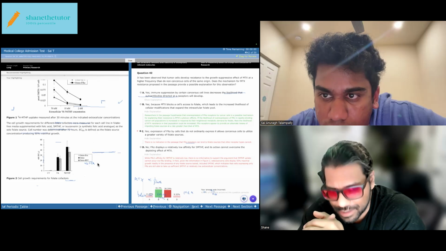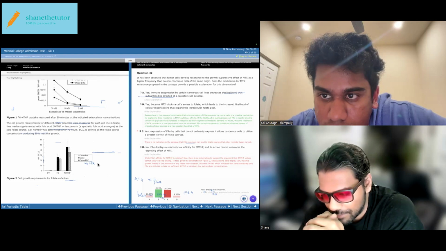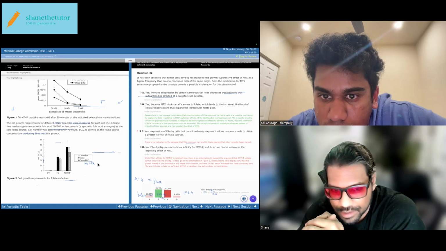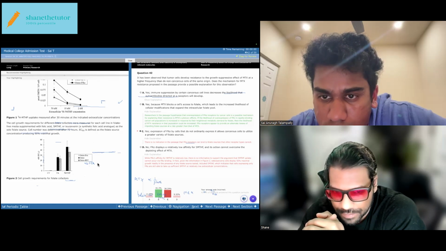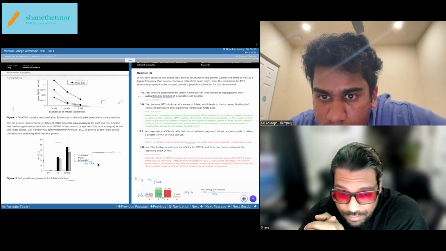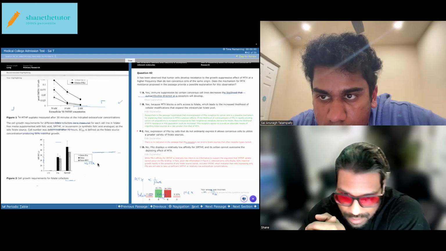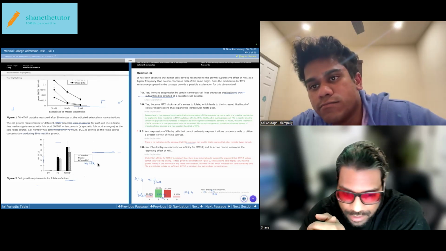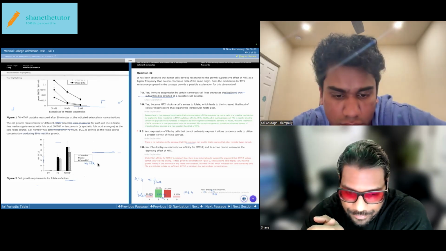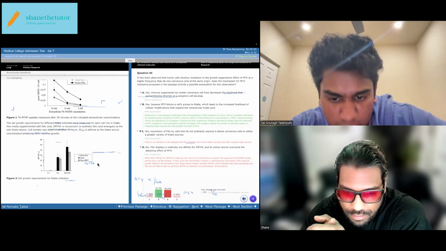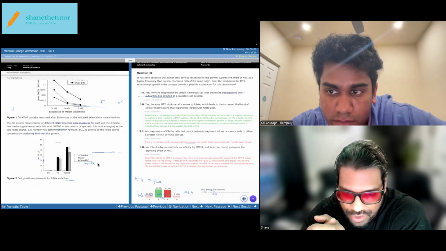All right, maybe they mean this. Maybe they mean that when you have a regular amount of FR alpha, MTX, even though it has a very low affinity for FR alpha, can still bind to FR alpha and thereby make it so that some folate can't bind to it. And we know that folate binding to it is what causes the increase in replication.